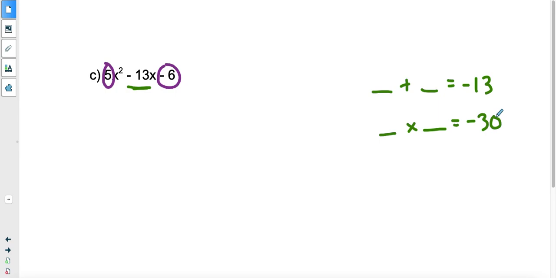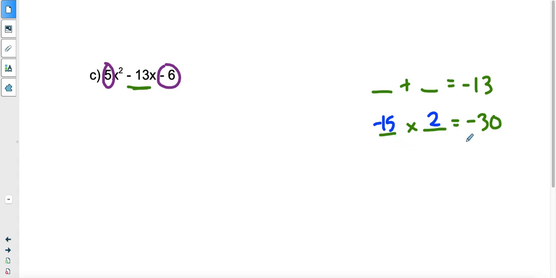Well, for example, I could try negative 6 times 5. Negative 6 times 5 multiplies to give me negative 30, but it does not add to give me negative 13. So that's not going to work. So we need to try something else. What about negative 15 times 2? Let's try that.